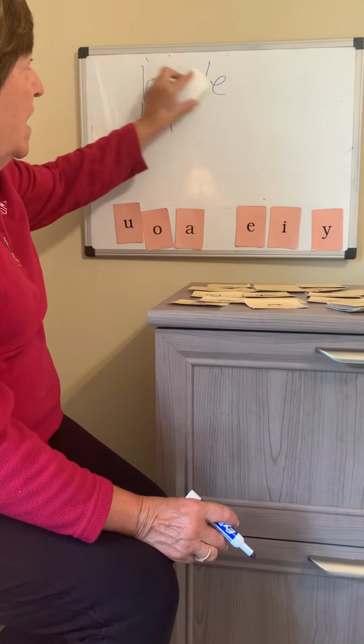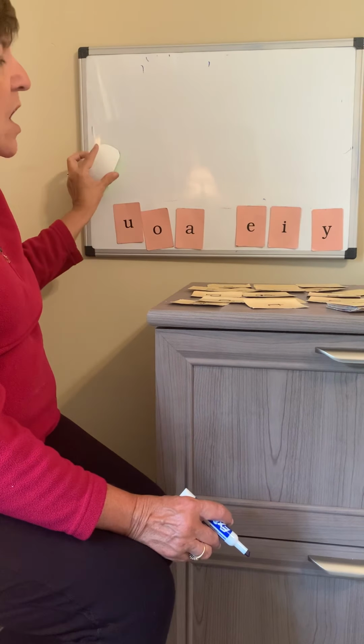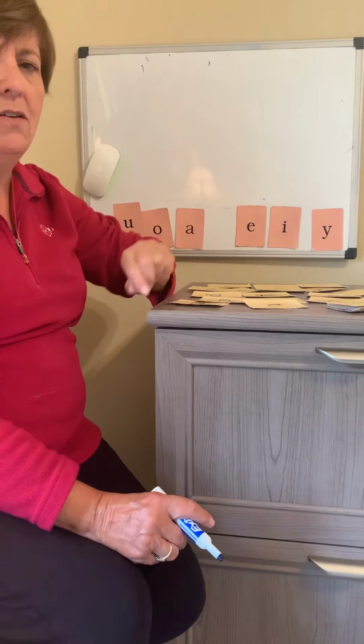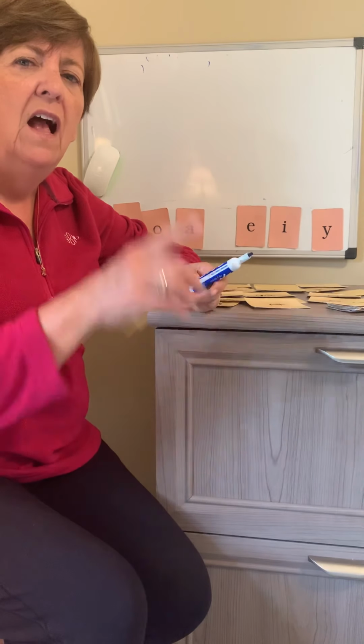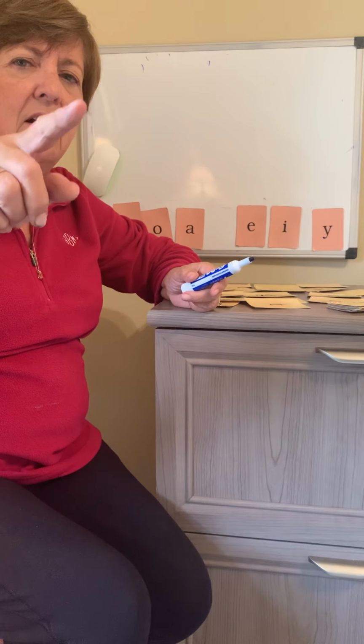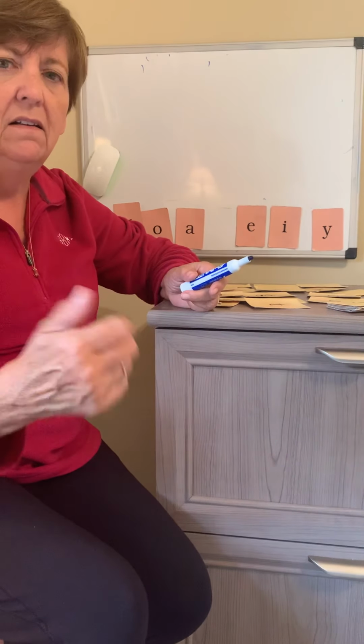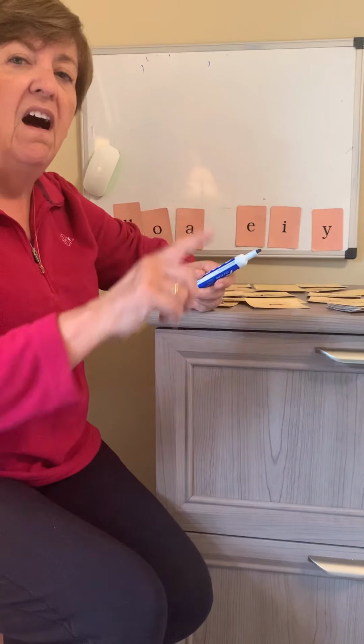We're going to do one more that's also a little bit tricky, and it's the word uncle. Uncle. Uncle. Sounds like it would be uncle, but we actually do n.